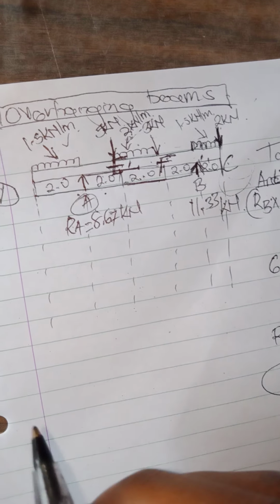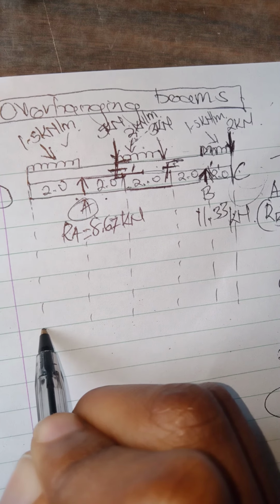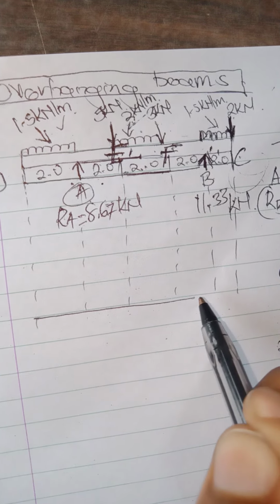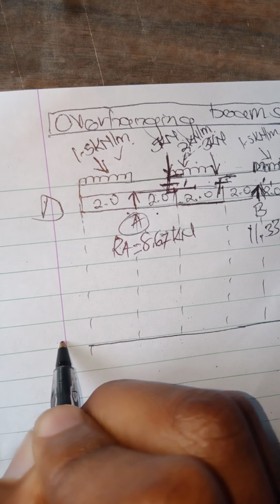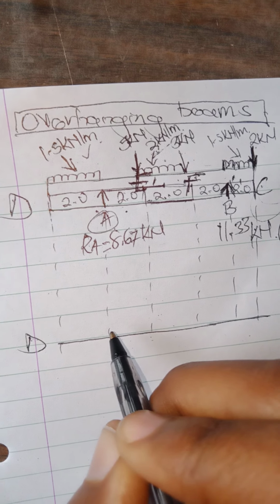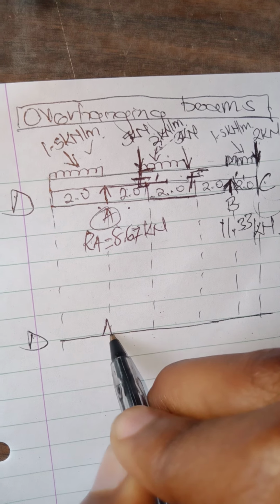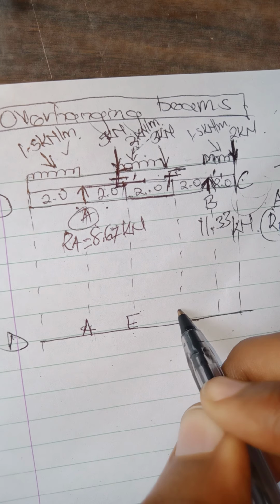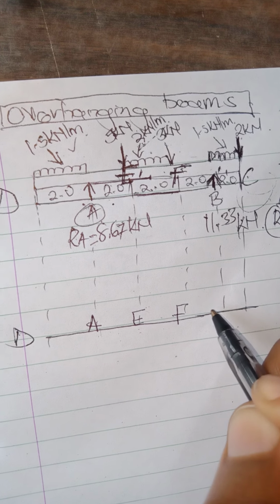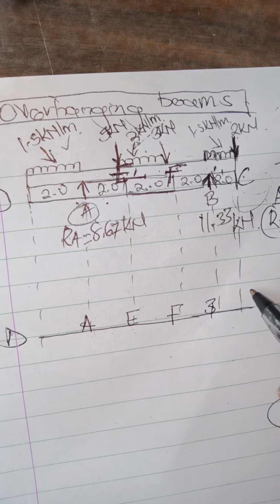So let's plot. To plot the SF diagram, we have A, we have E, we have F, B, C.